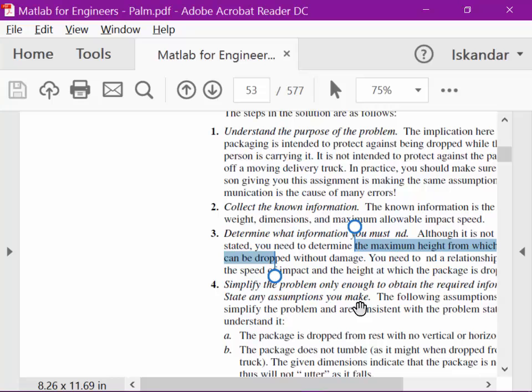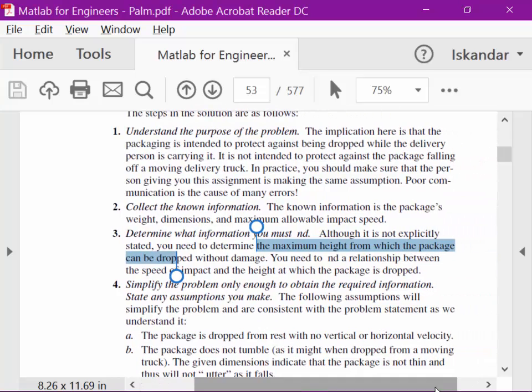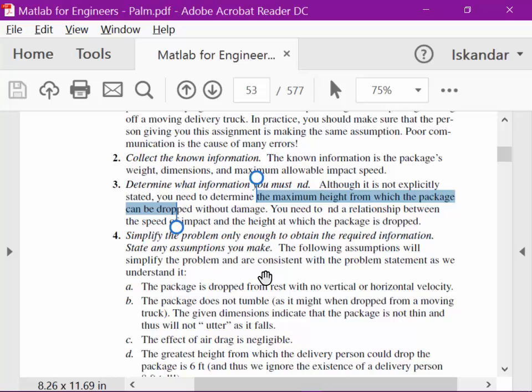Understand the problem, and this is going through step by step. First, the implication is that the package is being protected. If it's dropped, it has to hit at less than 25 feet per second. The assumptions are that you're not going to throw it up in the air, throw it onto the ground, or drop it off the truck.